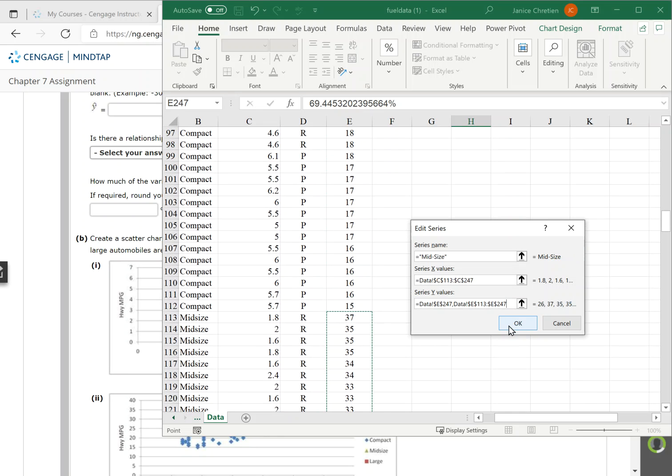You know what? It looks like I have that in there twice. See that? So it should be E247.